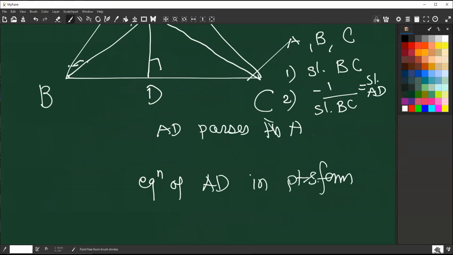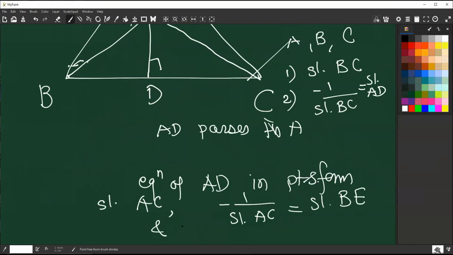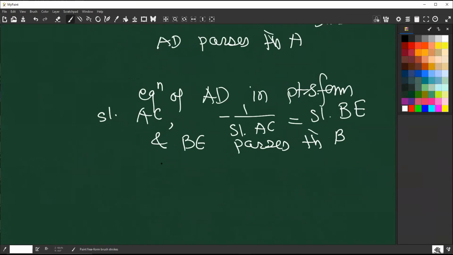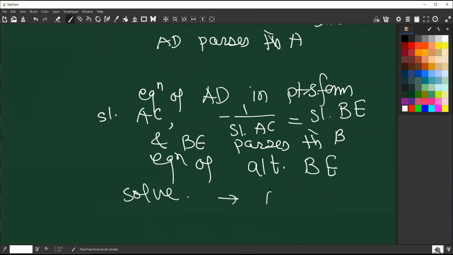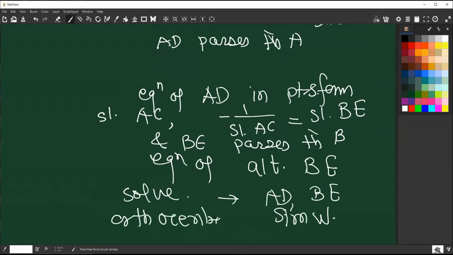Similarly, find the slope of AC, then minus 1 upon the slope of AC will be the slope of altitude BE, and BE passes through B. Again use point slope form and get the equation of altitude BE. Then solve the equations of altitudes AD and BE simultaneously and get the orthocenter. Are you clear about how to get the orthocenter?